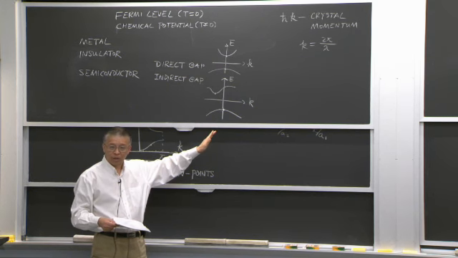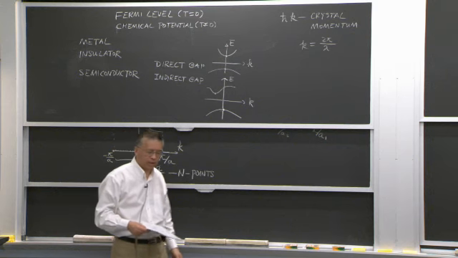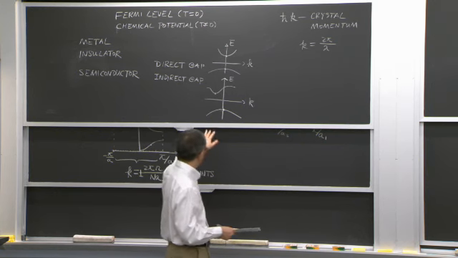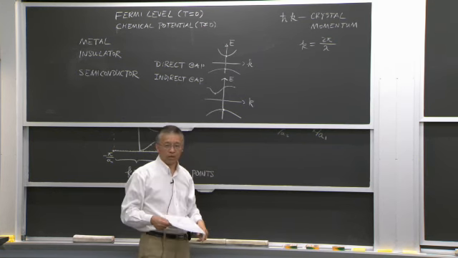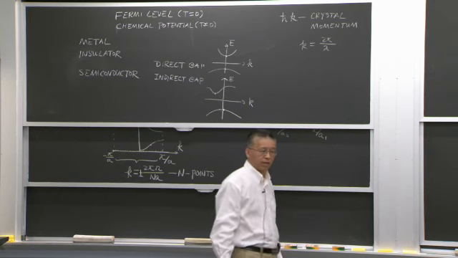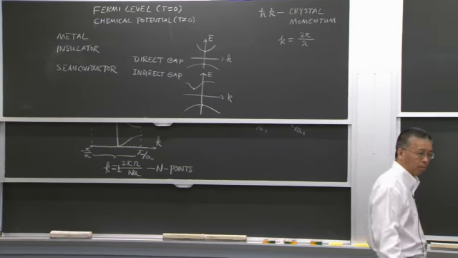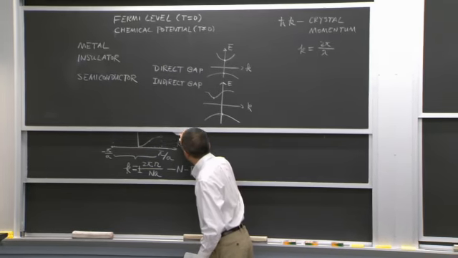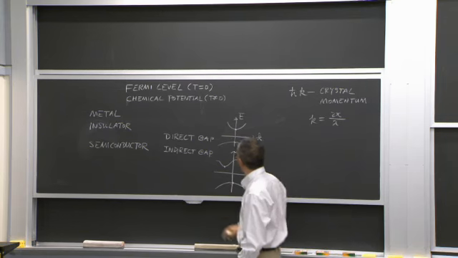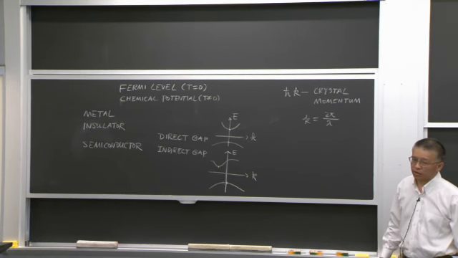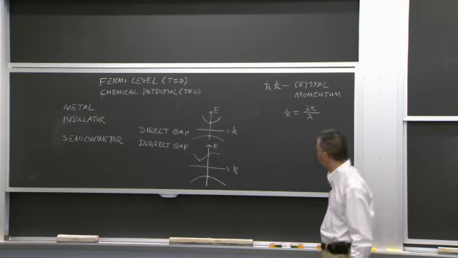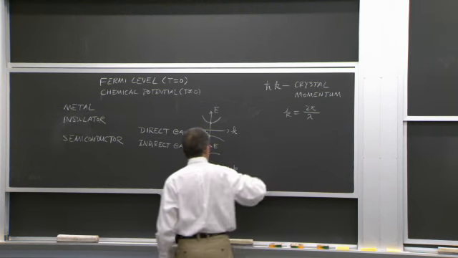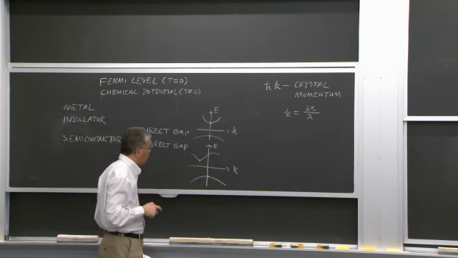Very small, and the electron momentum in this case, if they're different, is very large. That's why indirect semiconductors do not absorb light well. And that's the biggest problem when you make silicon solar cells. You need a lot of material to absorb the photons. Okay, so this is the direct gap, indirect gap.